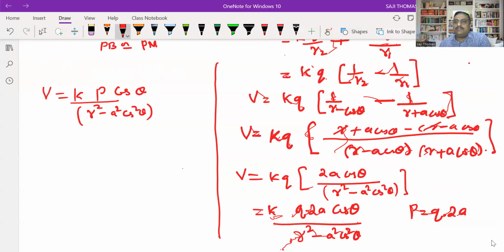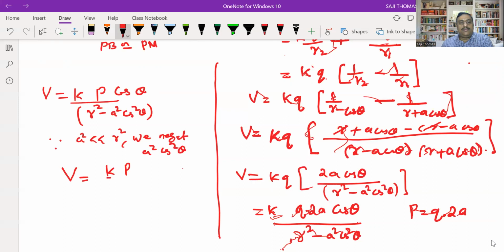So that is neglected compared to R. Since A square is very small compared to R square, we neglect A square cos square theta. Therefore, what you are getting? K P cos theta by R square. So this is the equation for the electric potential at an arbitrary point due to a dipole.